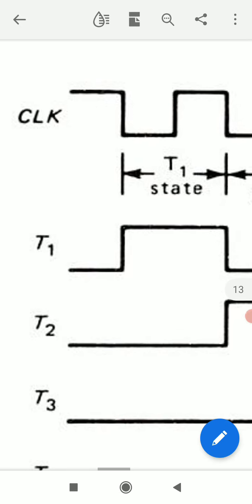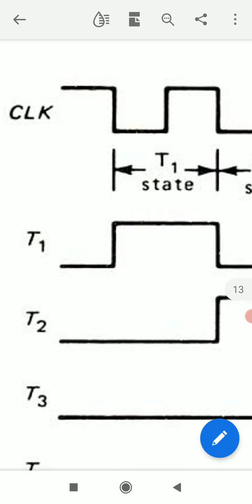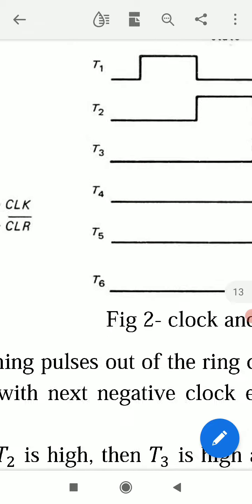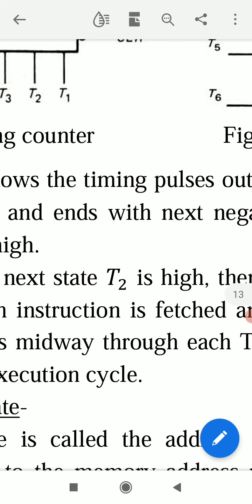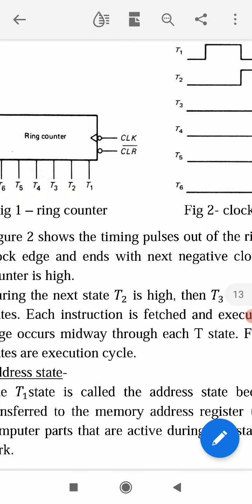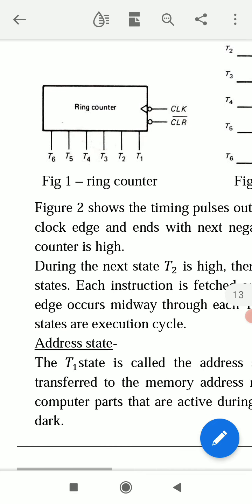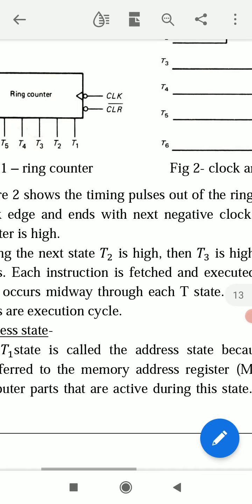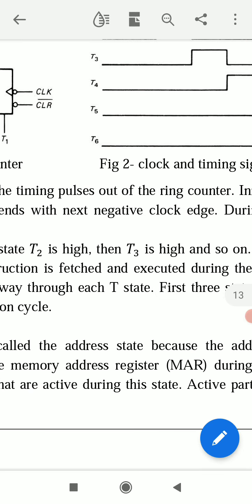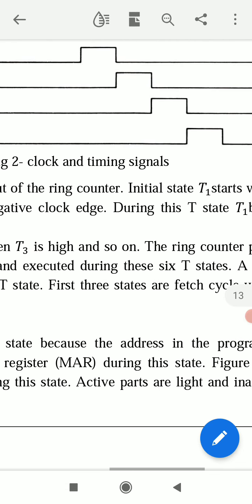In T1 state, T1 is 1. During the next state T2 is high, then T3 is high, and so on.